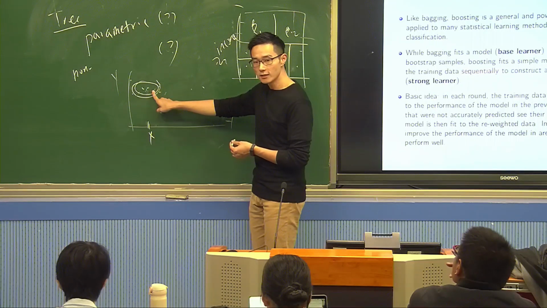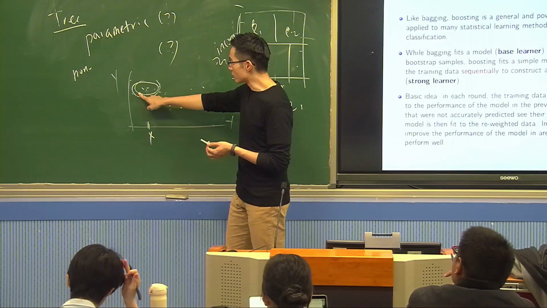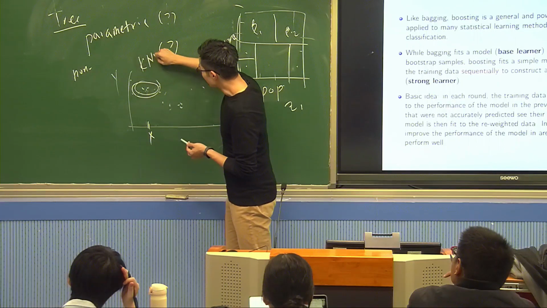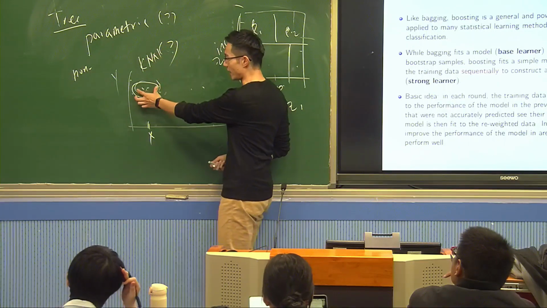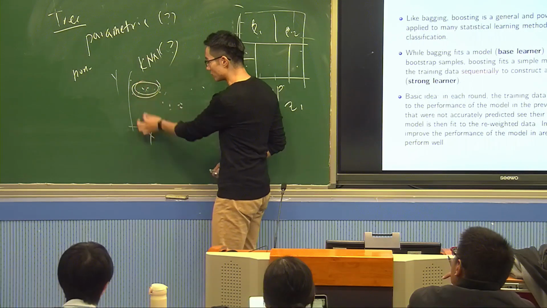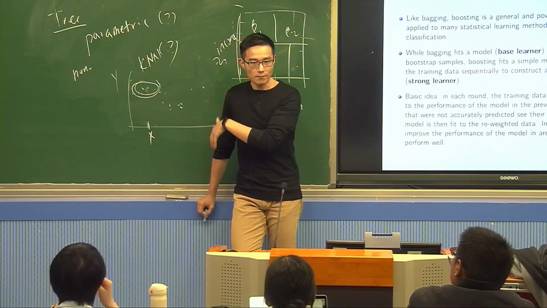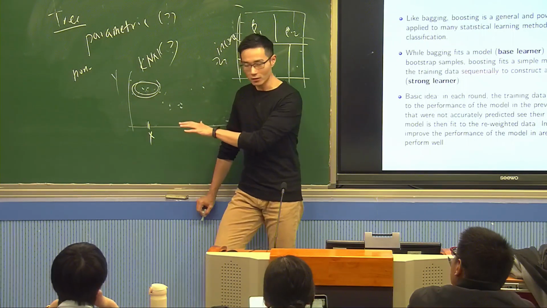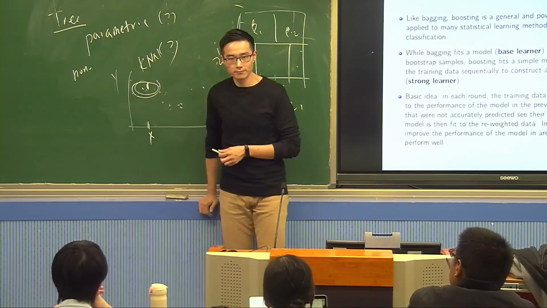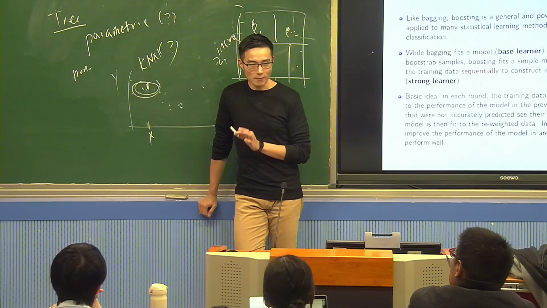The simplest way to average them is to give them all equal weights and average them. That's the KNN. In every neighborhood, I take n points around the x point and just average them. The KNN method is a typical non-parametric method. I don't have any model, I just average the data in the neighborhood to give me a prediction of y here, okay? That's non-parametric. So a tree is a non-parametric model.